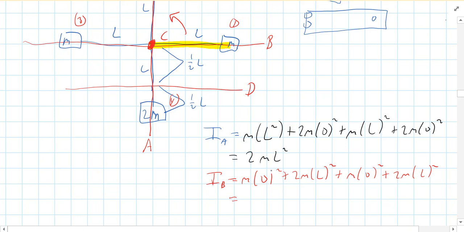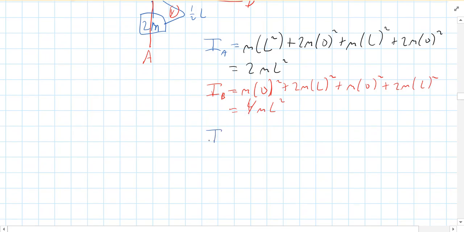And you're going to have 4mL squared when all is said and done. So that means trying to spin this thing about axis B would be twice as hard as spinning it about axis A. All right, let's try C.